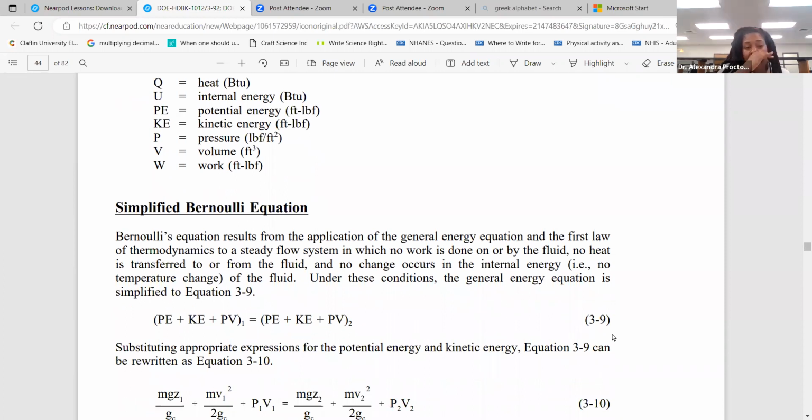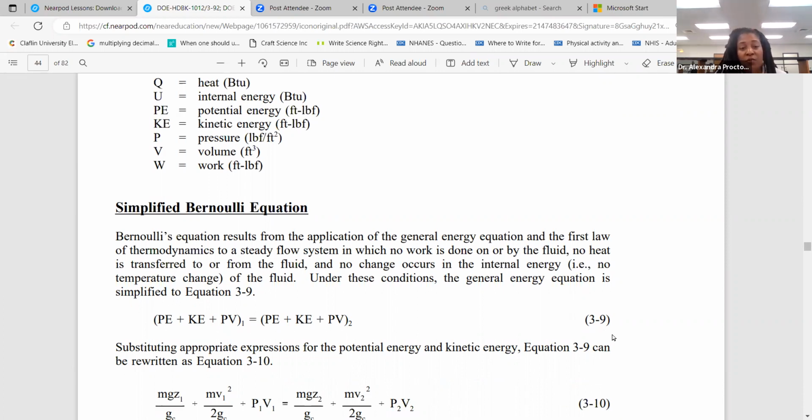So the simplified Bernoulli equation results from the application of the general energy equation, which was aforementioned, and the first law of thermodynamics to steady state flow in which work is done on or by a fluid.